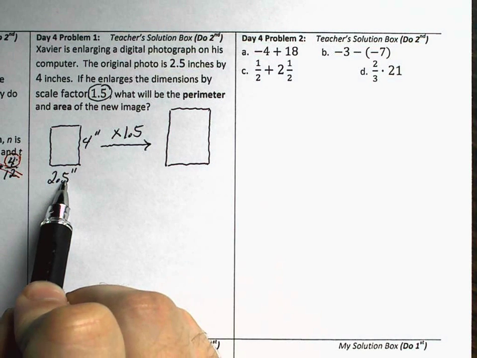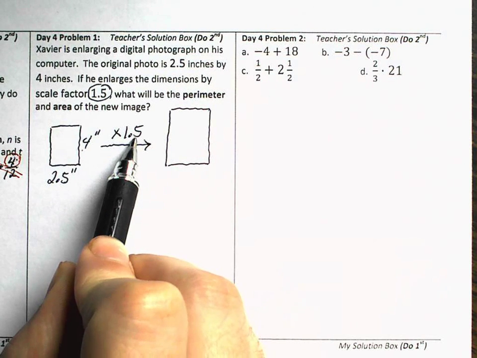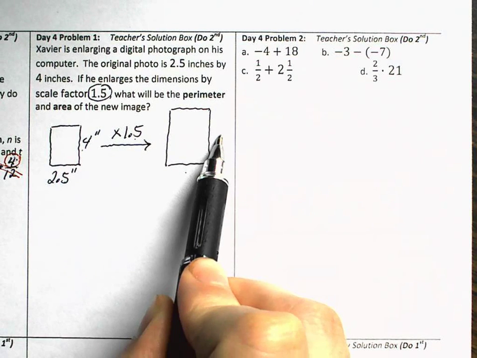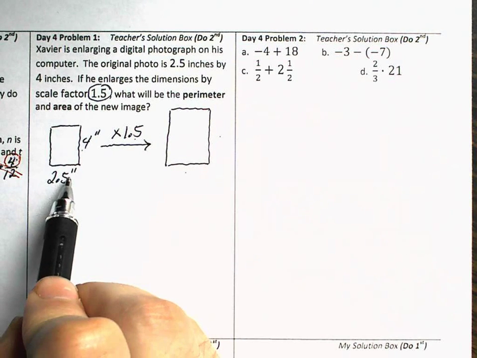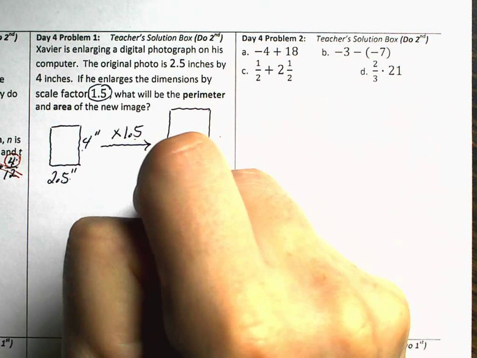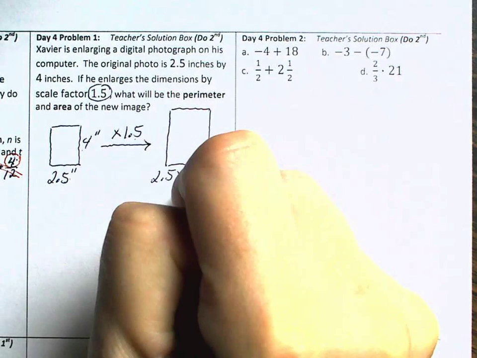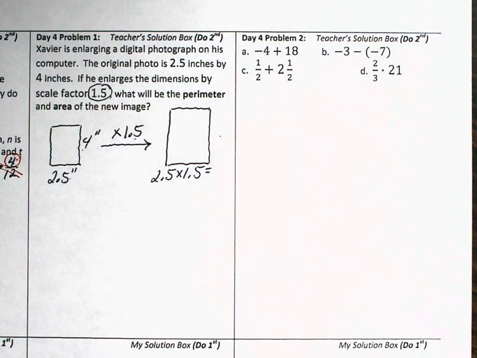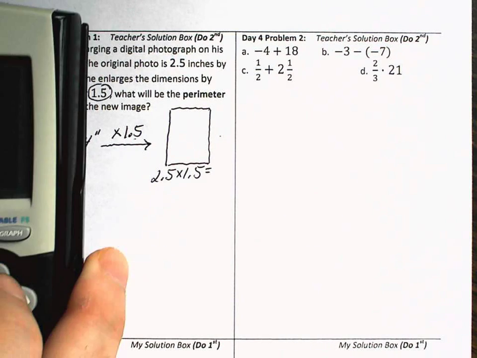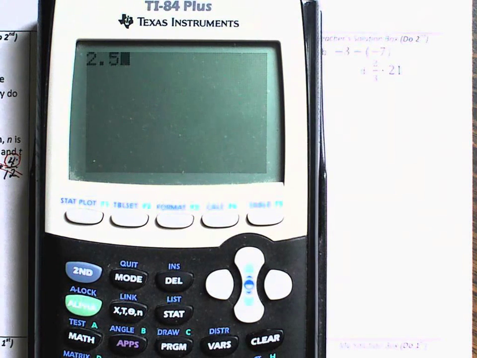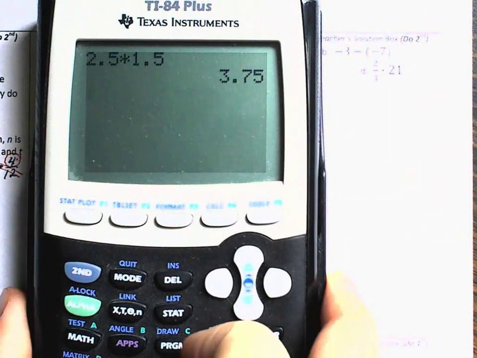If we multiply these dimensions by the scale factor 1.5, that'll get us the dimensions of the new photo. So let's do that. 2.5 times 1.5, enter. 3.75.